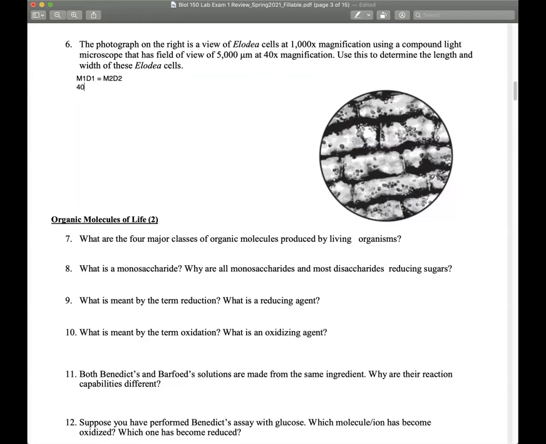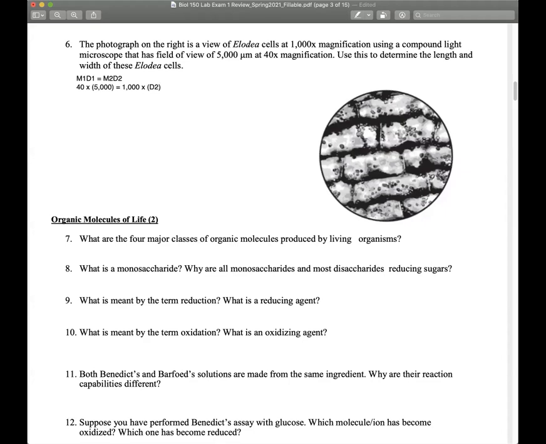So we'll have our magnification 40 times the field of view at 40x, 5000, equals the other magnification, 1000, times D2, and we are solving for D2.